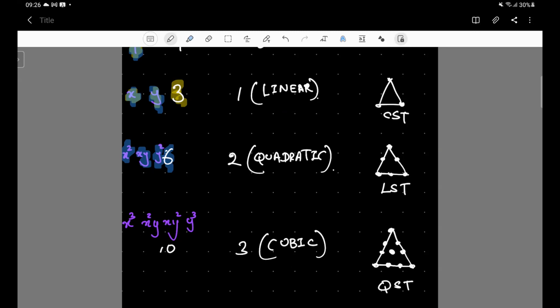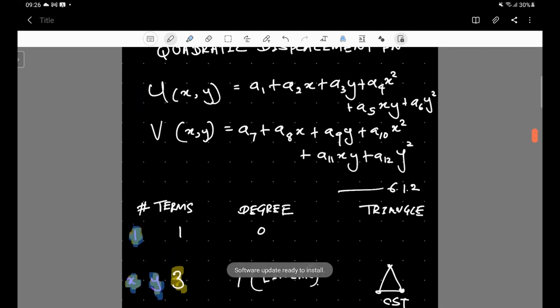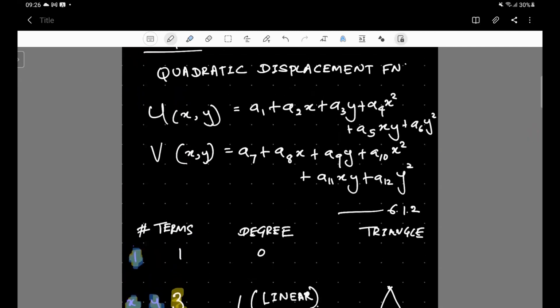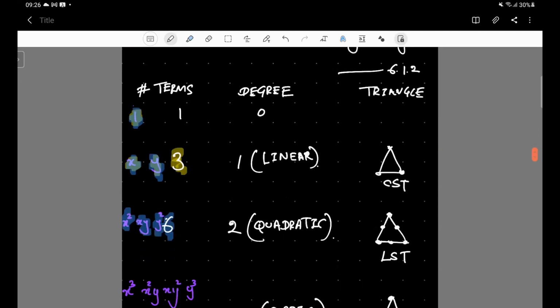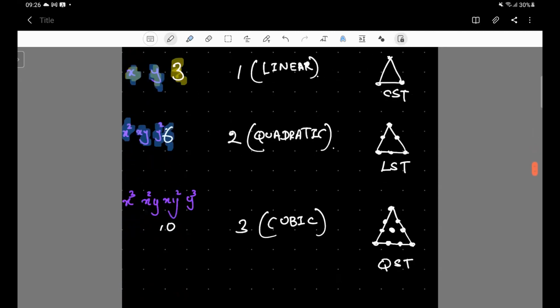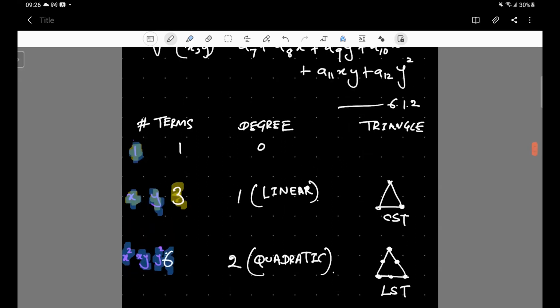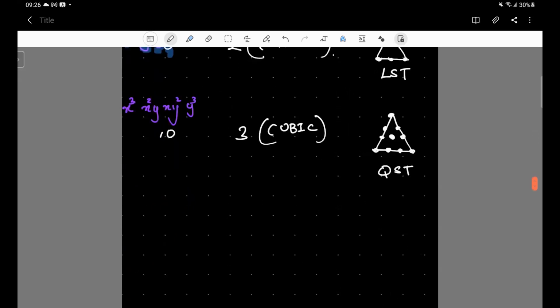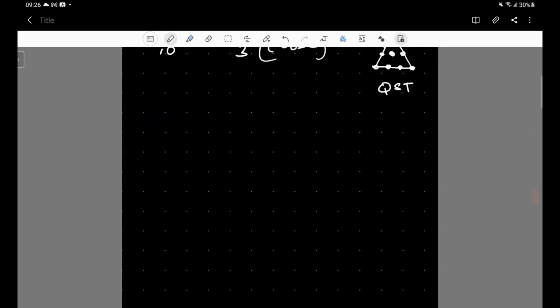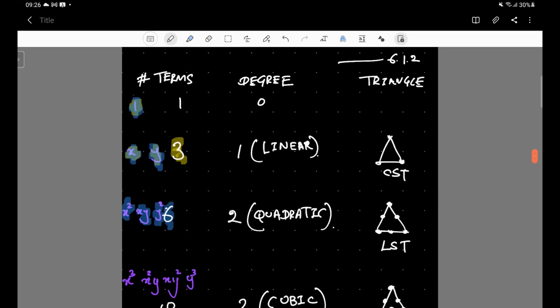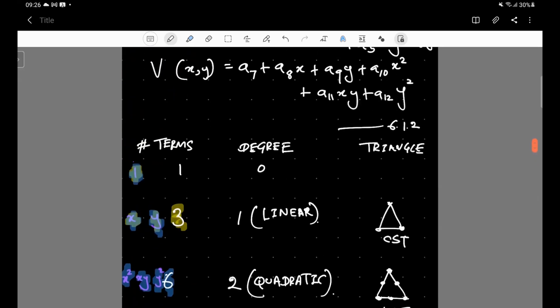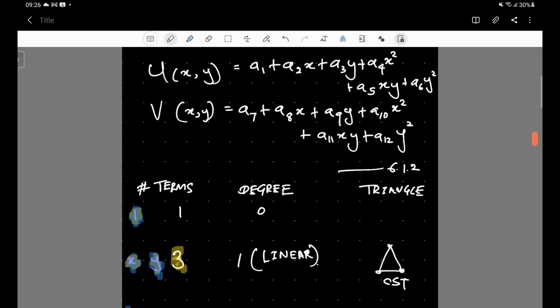The displacements described in equations 6.1 and 6.2 can be written in the form of a matrix if we separate the coefficients and the coordinate values, the variables.